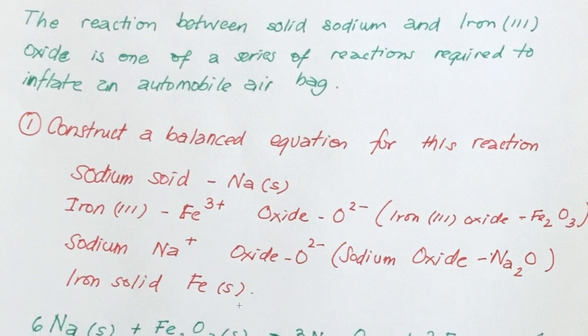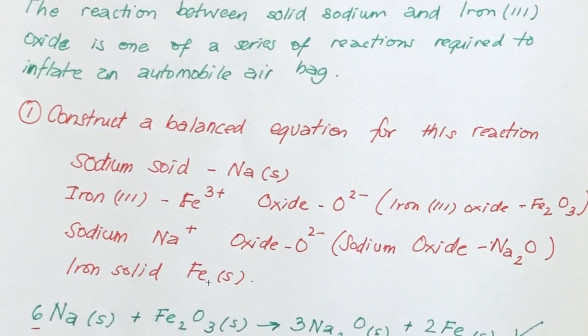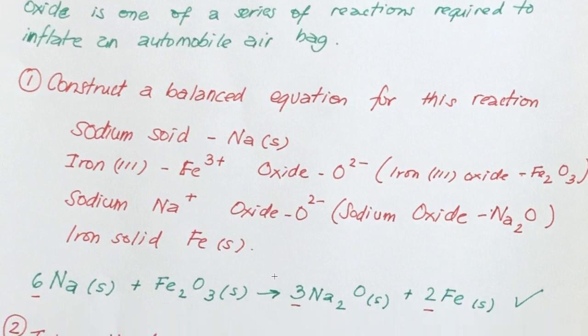Iron is produced as a solid, so that is just Fe with an S. So the full equation is going to look like this: sodium in the solid state, iron 3 oxide, Fe2O3 in the solid state, sodium oxide Na2O in the solid state, and Fe in the solid state.